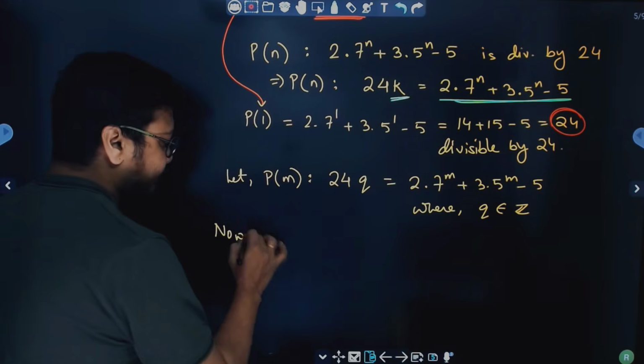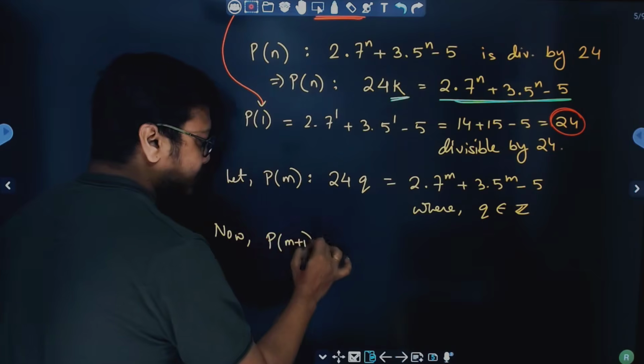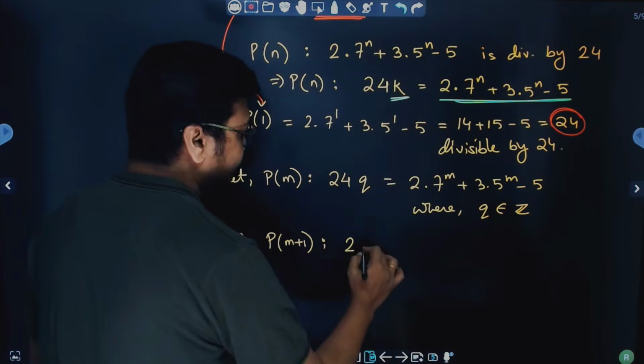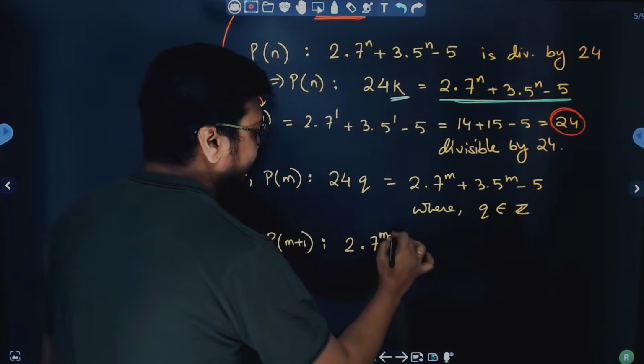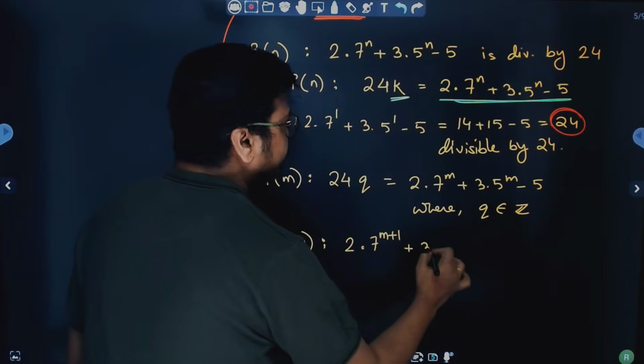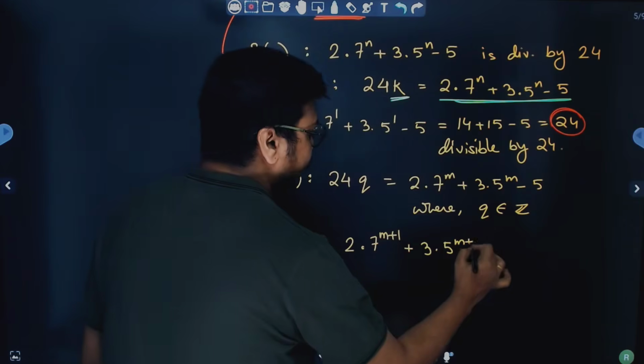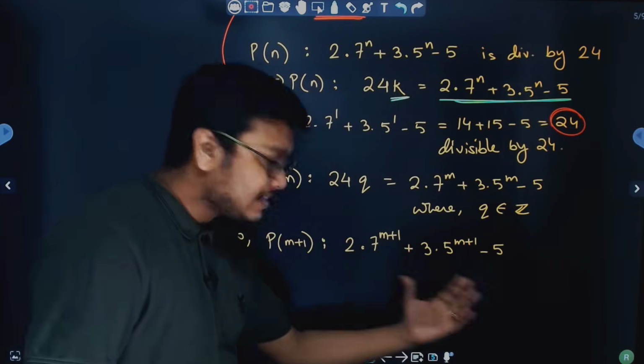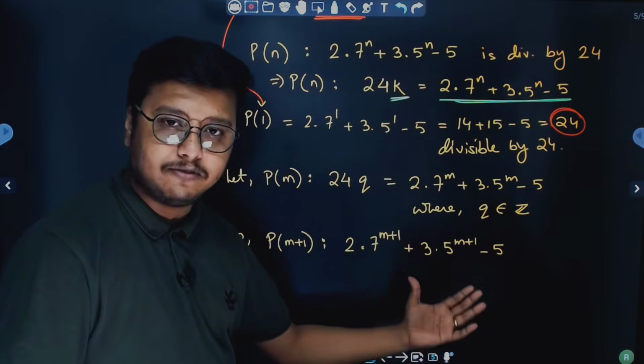So the m plus 1th statement, if I want to write the left hand side of it, should be 2 times 7 to the power m plus 1 plus 3 times 5 to the power m plus 1 minus 5. Now I'm trying to show that this must be divisible by 24.